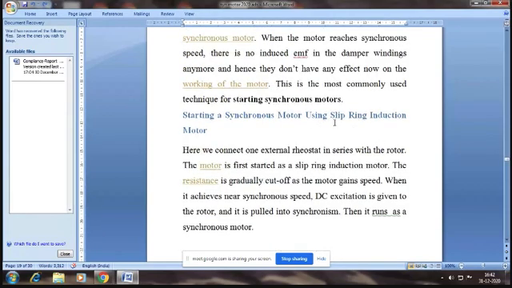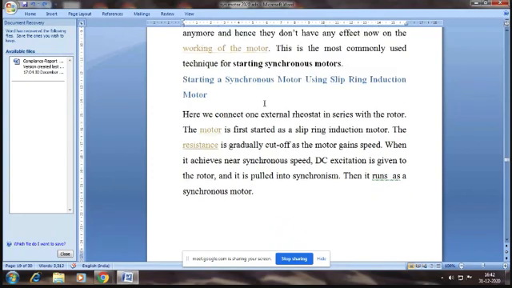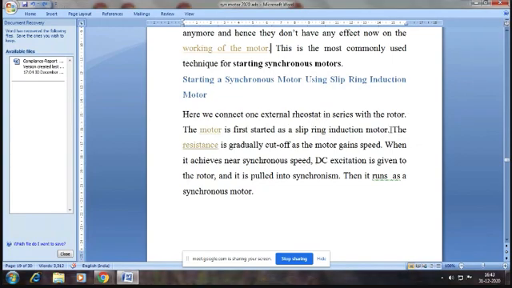Starting a synchronous motor using a slip ring induction motor. Here we connect one external rheostat in series with the rotor. The motor is first started as a slip ring induction motor. The resistance is gradually cut off as the motor gains speed. When it achieves near synchronous speed, DC excitation is given to the rotor and it is pulled into synchronism.